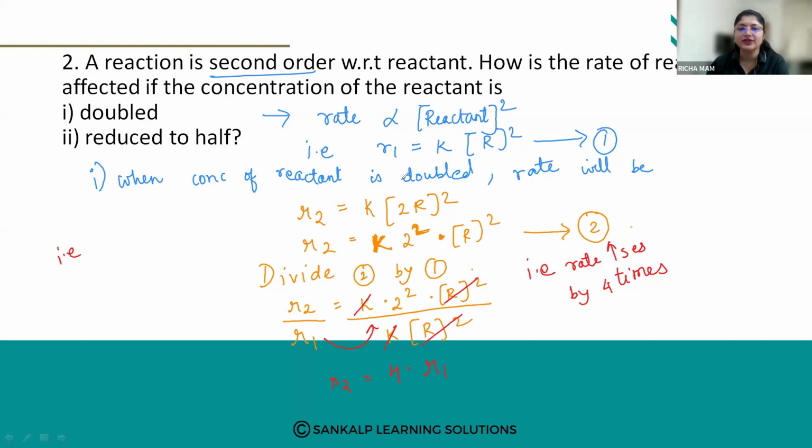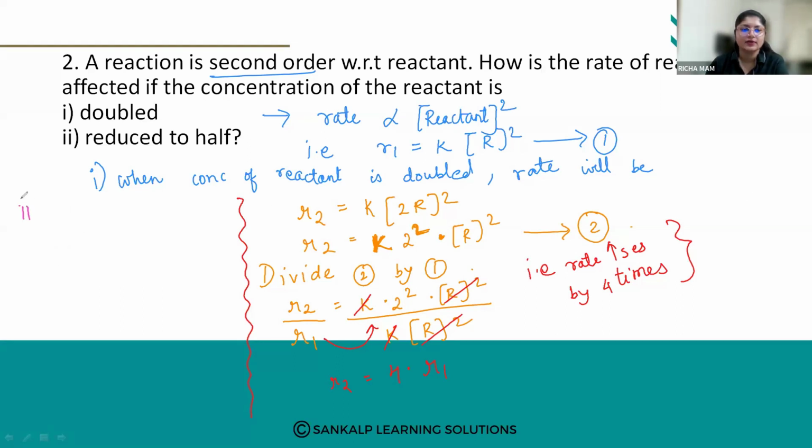When the concentration of the reactant is doubled, the rate will increase by 4 times. Okay, the rate will increase by what? 4 times. Is it clear? Yes. Okay.